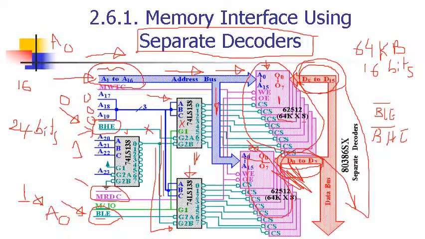These 2 bytes bring to the data bus 16 bits, 8 from the lower bank and another 8 from the higher bank. So this is the way the memory is arranged and is read from and written into through your 86 series of Intel's processors. Good.